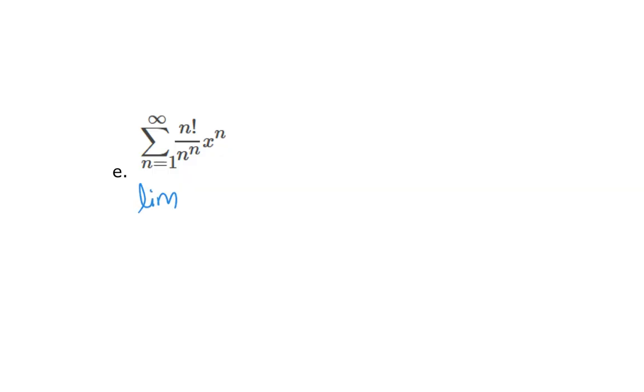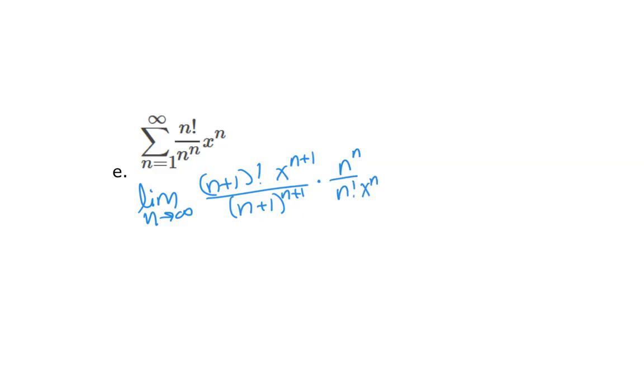The limit as n goes to infinity, n plus 1 factorial, x to the n plus 1, n plus 1 raised to the n plus 1, multiplied by n to the n over n factorial x to the n, absolute value.